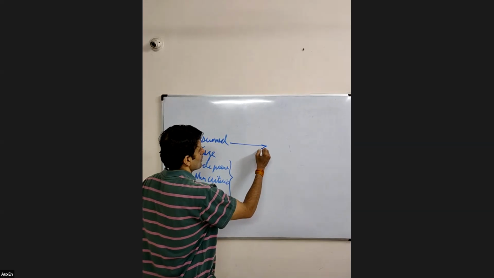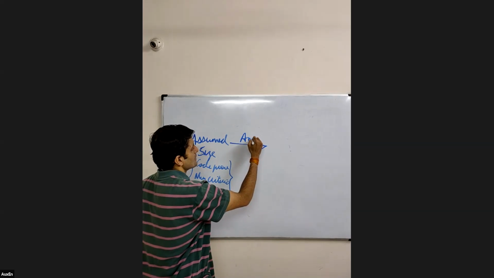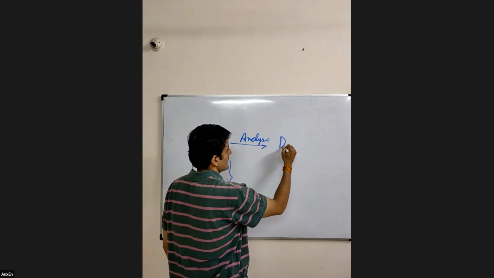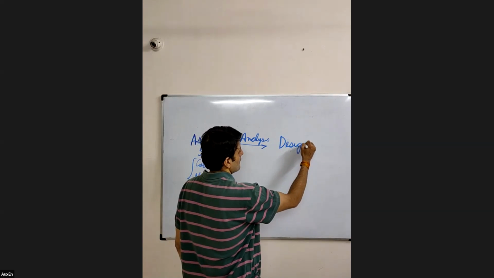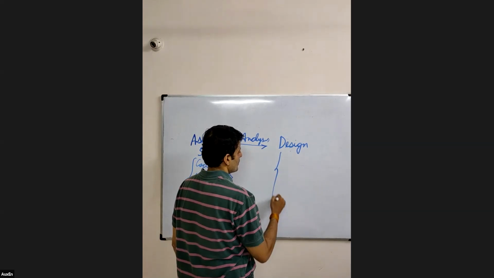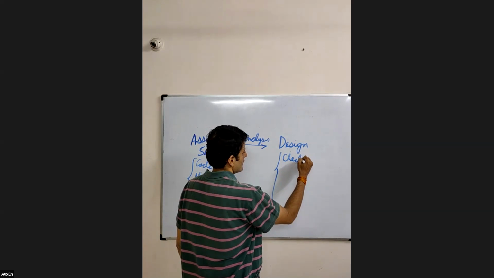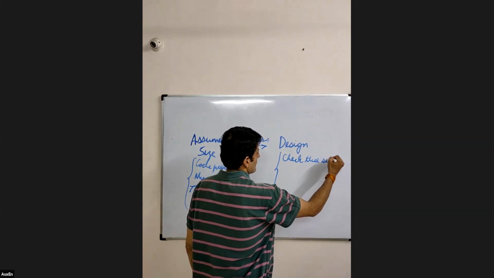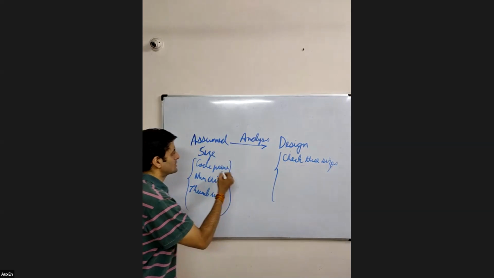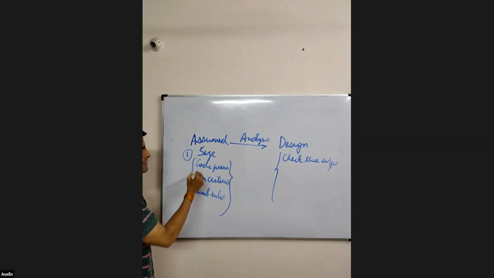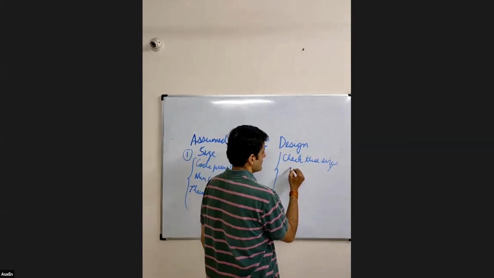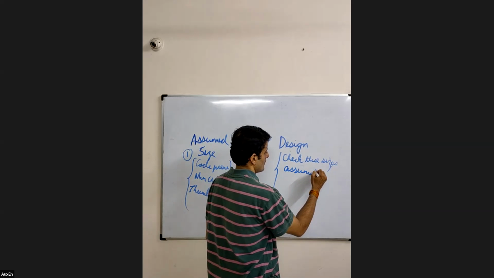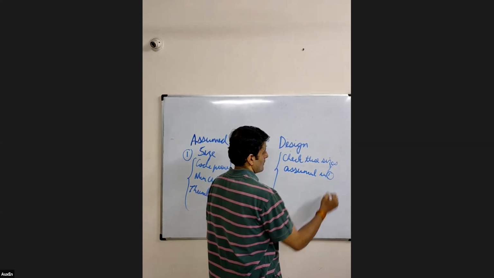Then you go for analysis. Okay, and then you perform the design step, and then you check these sizes, which you have assumed in step 1. So you check these sizes assumed in step 1. All right.